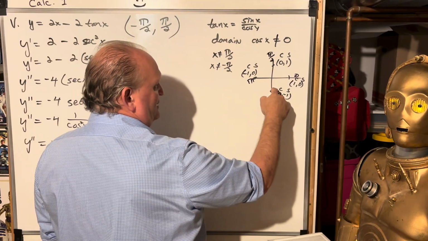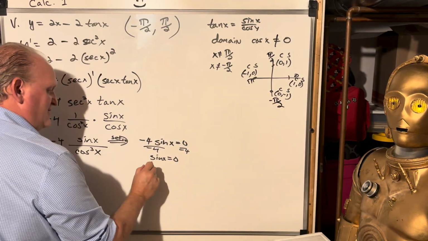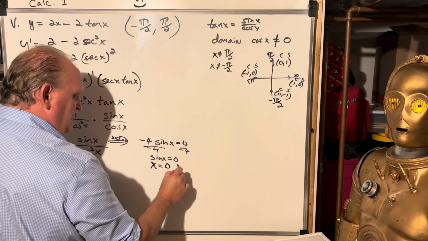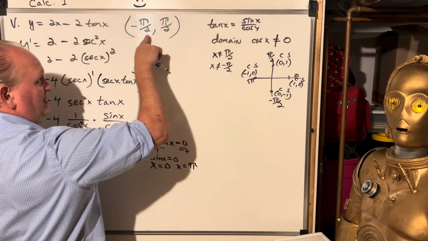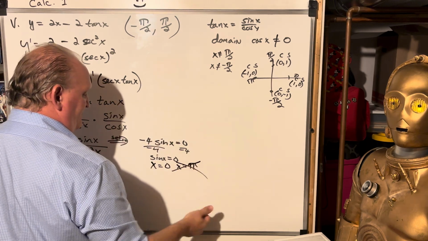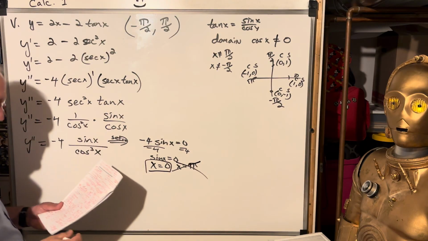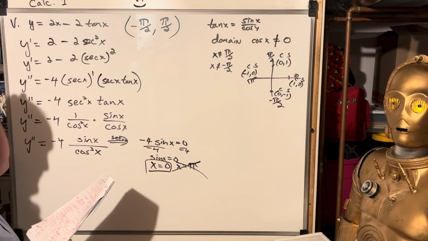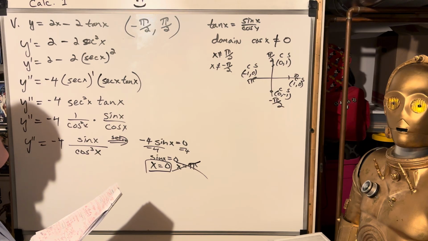Except the interval only goes from here to there, so pi gets kicked out. So we'd have x equal to 0 and x equal to pi, but pi is outside of our interval. This is -90 to 90. That's 180, not in the interval. So here's one critical number that we're going to look at as a possible inflection point.